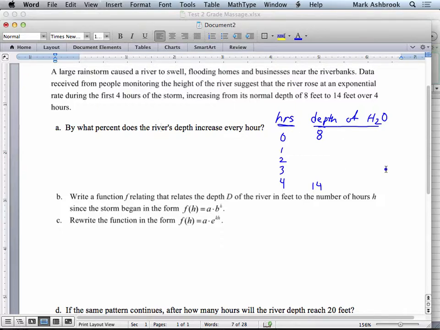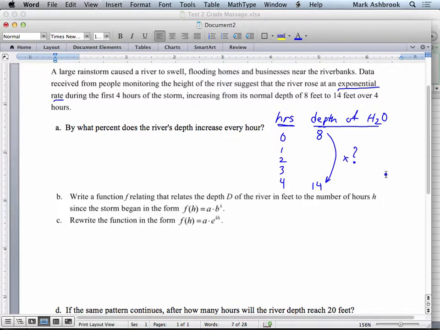Okay, so I'll just do part A. Parts B through D are just what you got finished doing and what we just did now, so I'll just do part A. So if this is exponential growth, then what characterizes exponential growth? Multipliers, right? Multipliers on output to get another output.